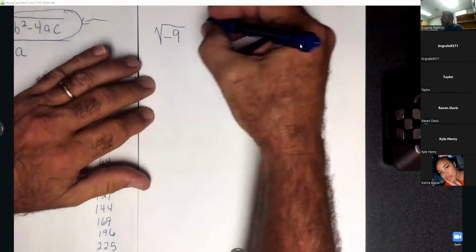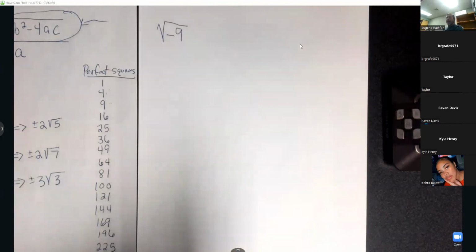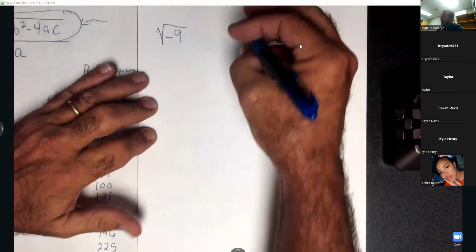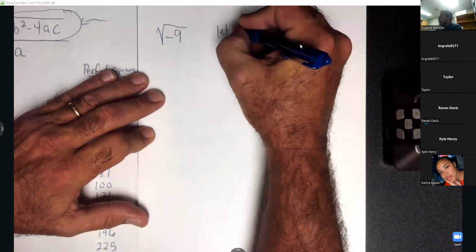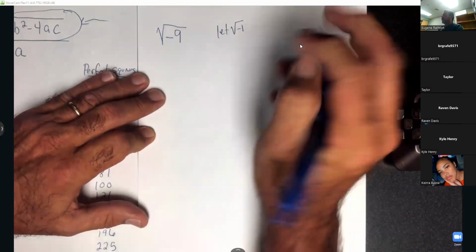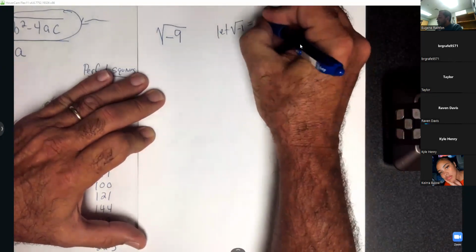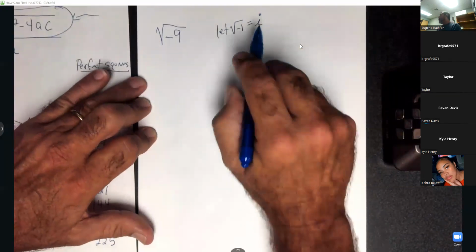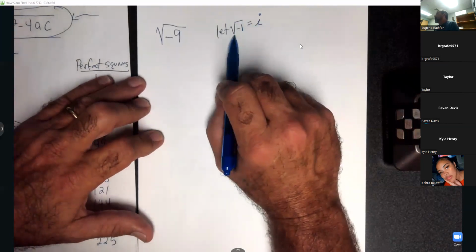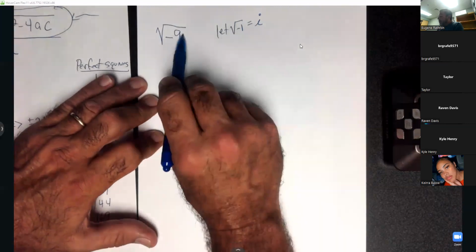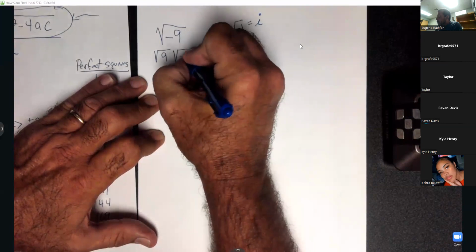So what we do when we've got negative numbers under these square roots, oh, Kara, that's a good job, 3i. So let me show them how we got that. So they come up with a rule that says, if we get a square root of negative 1, we're going to let that equal i. So anywhere you see an i, that means it's really a square root of negative 1. So y'all, what they do to this, they break this down into a 9 and then square root of negative 1.